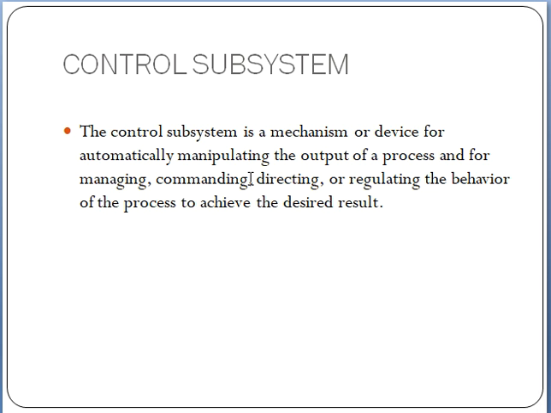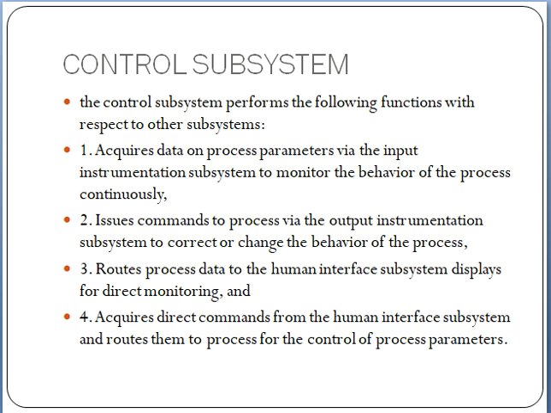Now third one, control subsystem. The control subsystem is a mechanism or device for automatically manipulating the output of a process and for managing, commanding, directing, or regulating the behavior of the process to achieve the desired result. The control subsystem performs functions like: acquire data on process parameter via the input instrumentation subsystem to monitor the behavior of the process continuously.